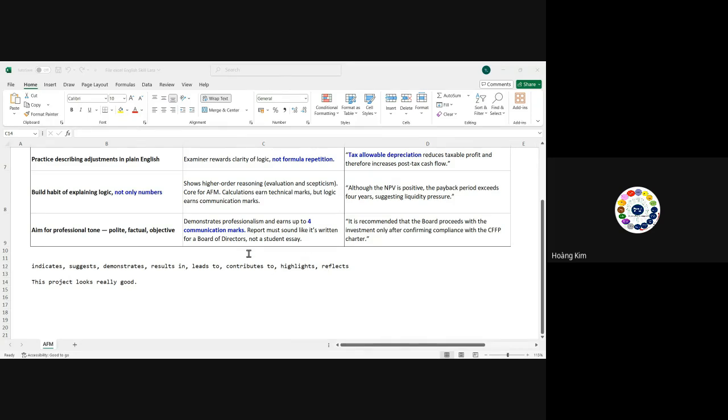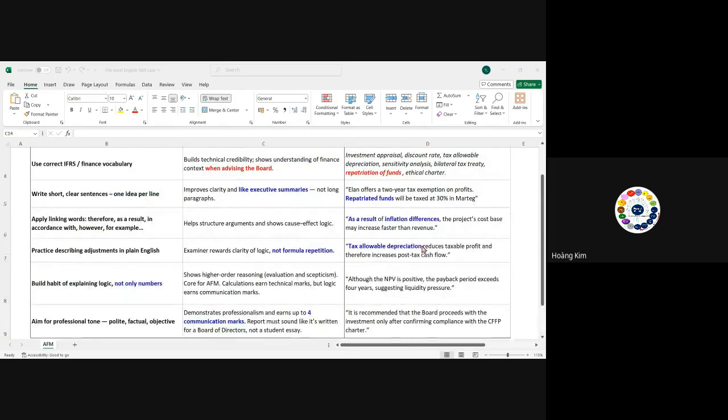Today, a lot of professionals use ChatGPT when they prepare a report to send to the BOD by email. So the communication skill problem when they prepare the report is not a big problem right now. You can see the prompt from the ACCA or from ours.